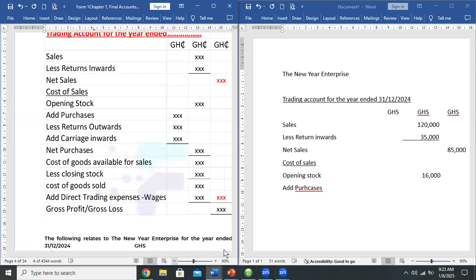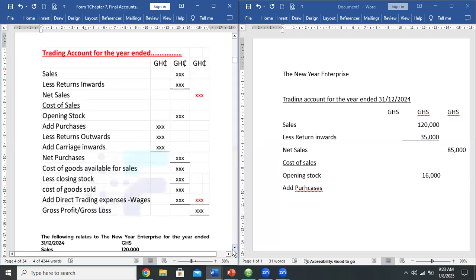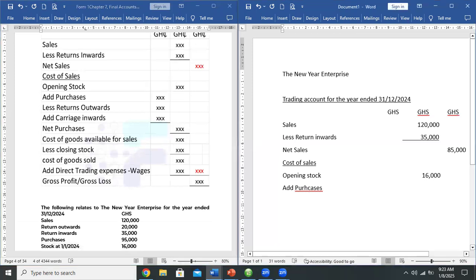I think the purchase figure, sorry for that, professors. So purchase is 95,000. But then we have return outwards and carriage inwards to adjust. So we'll put the purchases figure at the first column.